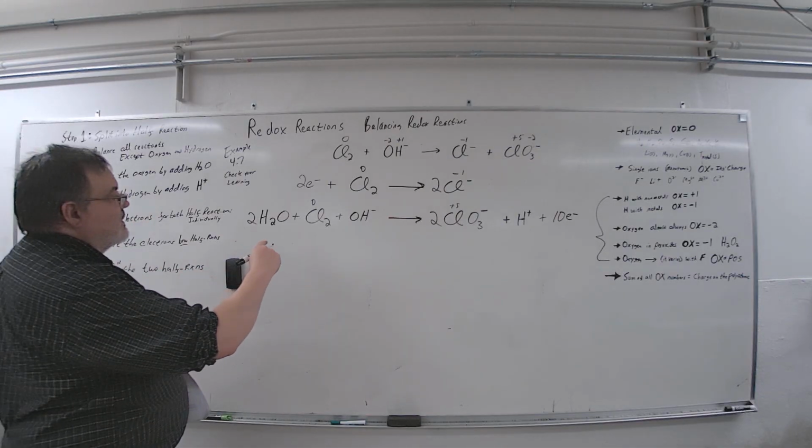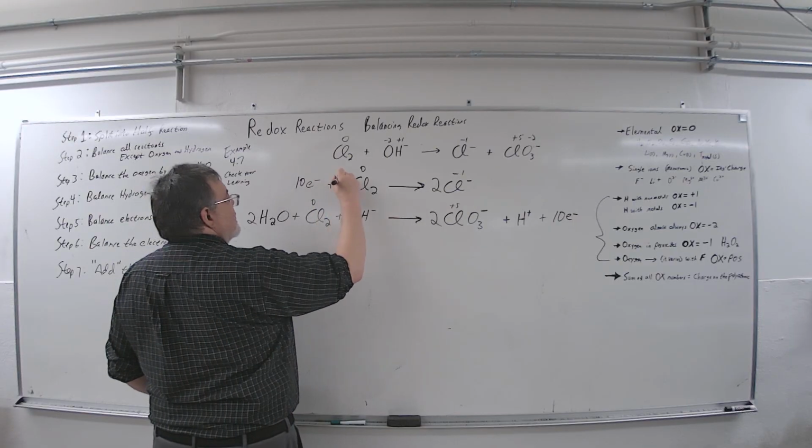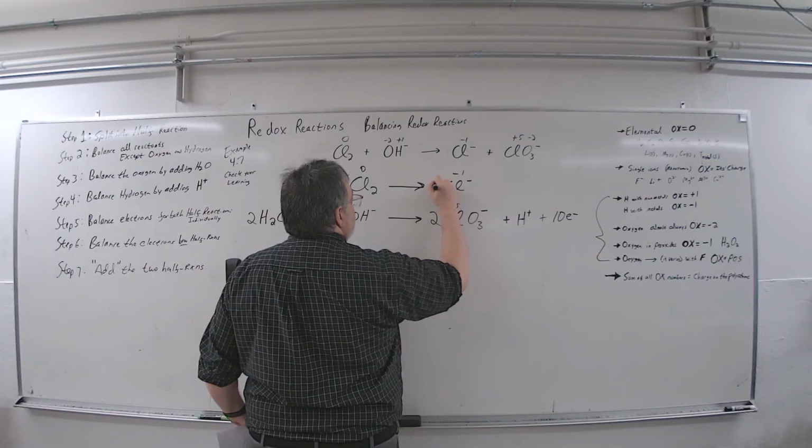That's 2 and that's 10. Multiply by 5. This gives me 10 there, 5 there. 2 times 5 is 10.